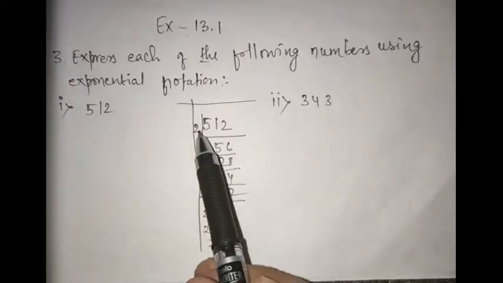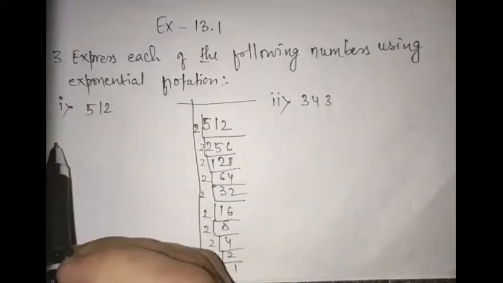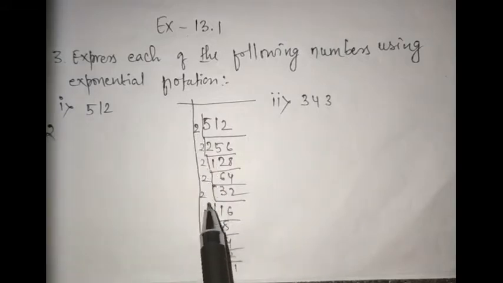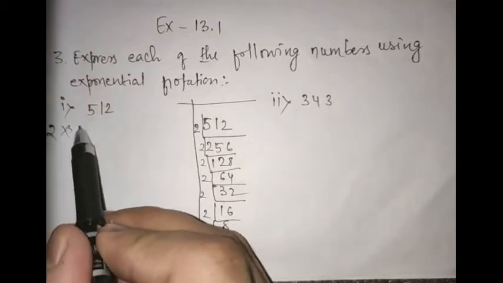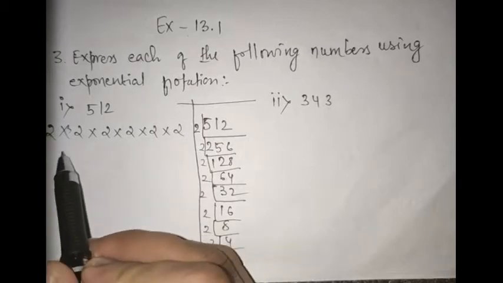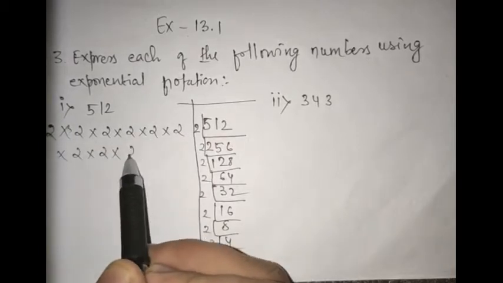So you have to write this 2 over here now. Starting from 2, how many 2s? 1, 2, 3, 4, 5, 6, 7, 8, 9. Right, so write 2 nine times.